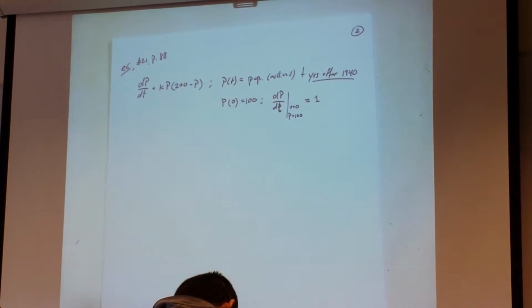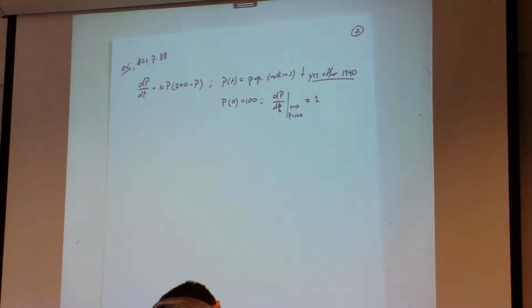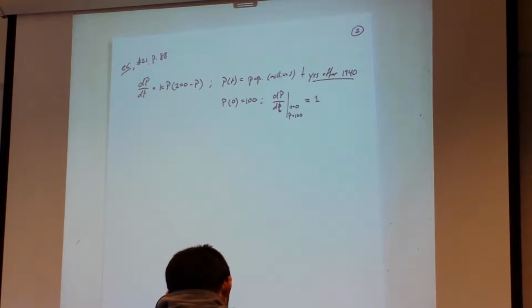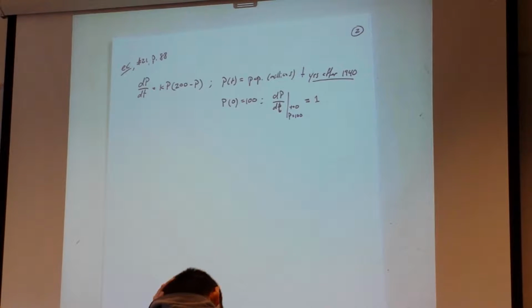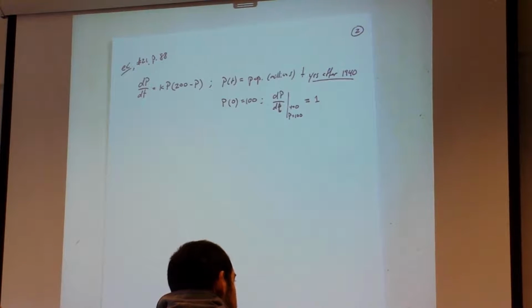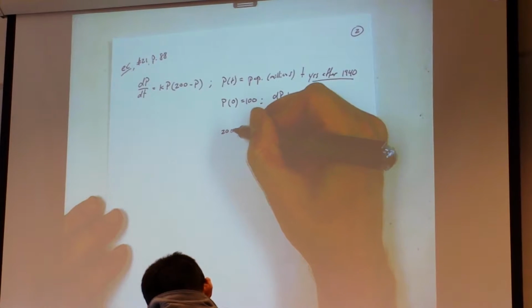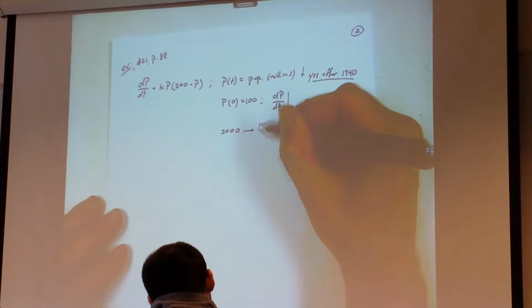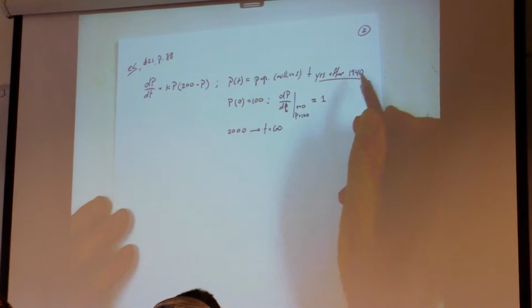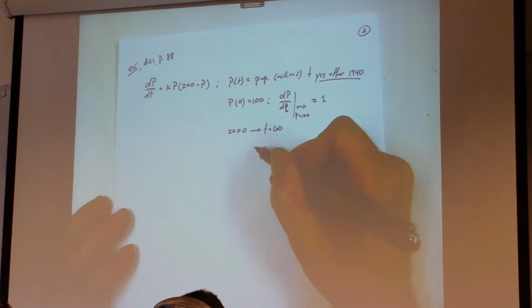We write that down like a related rate problem. The question that it asked us: predict the country's population for the year 2000, which is 60 years. So in the year 2000, this is t equals 60.